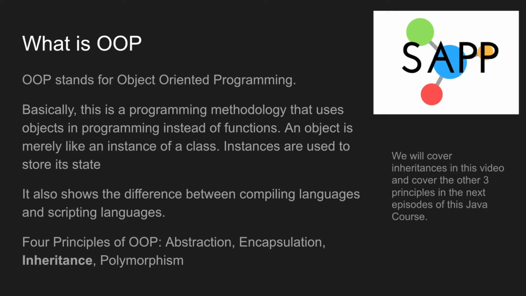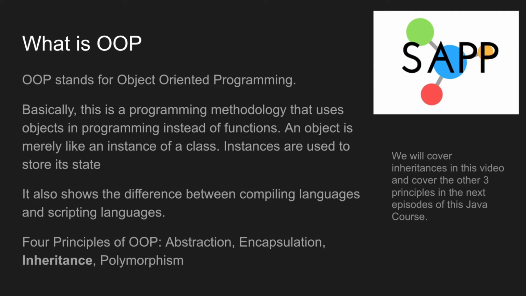Object-oriented programming also shows the difference between a compiling language and a scripting language. Compiling languages include Java, Python, C++, and an example of a scripting language is JavaScript. There are four principles in object-oriented programming: abstraction, encapsulation, inheritance, and polymorphism.